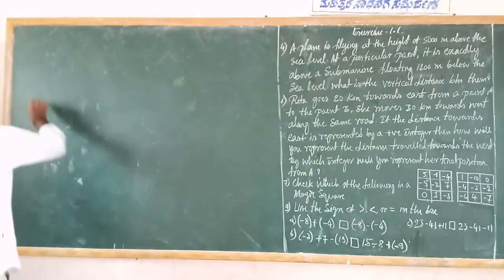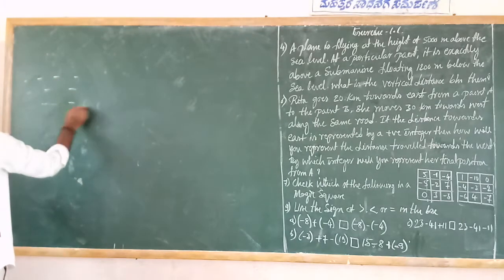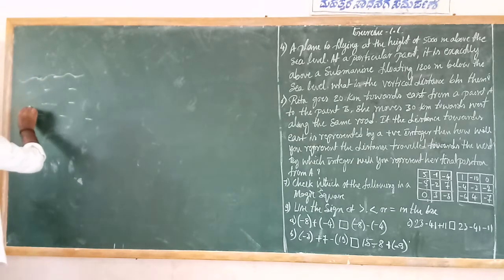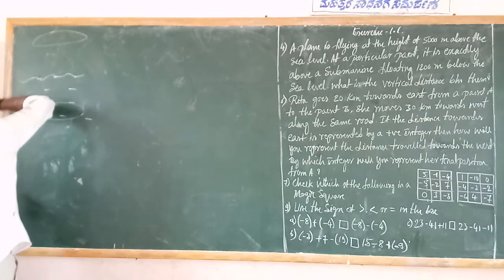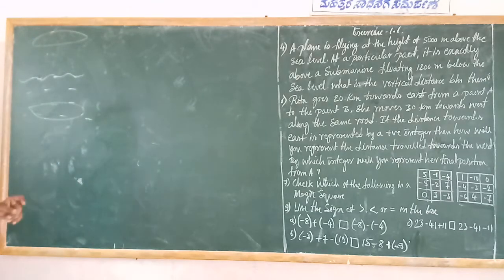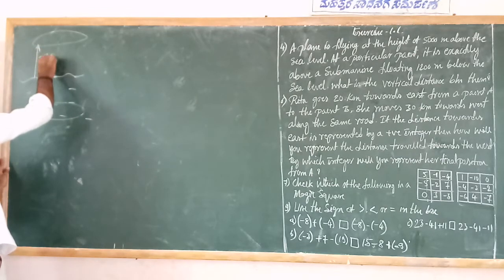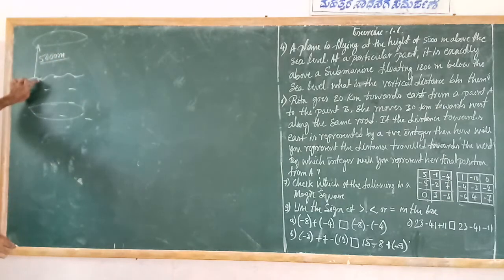See, this is the sea. This is the sea level. Here one submarine is there. Here one aeroplane is there. Above the sea level, the aeroplane flies at 5000 meters from the sea level.